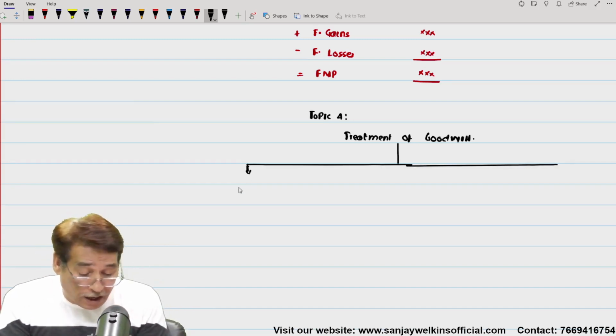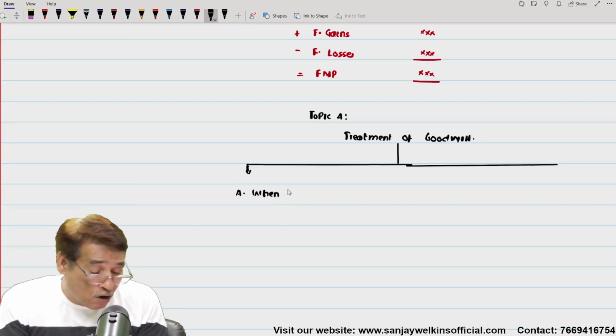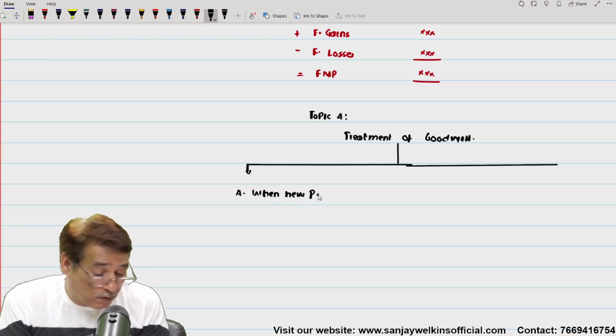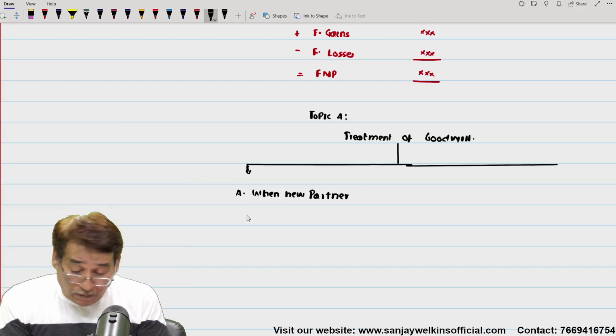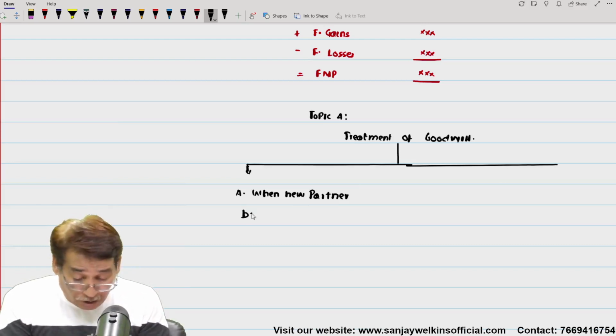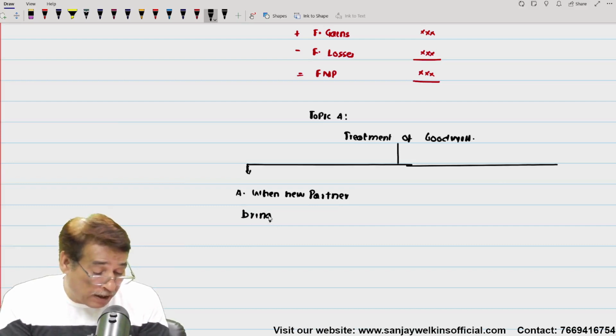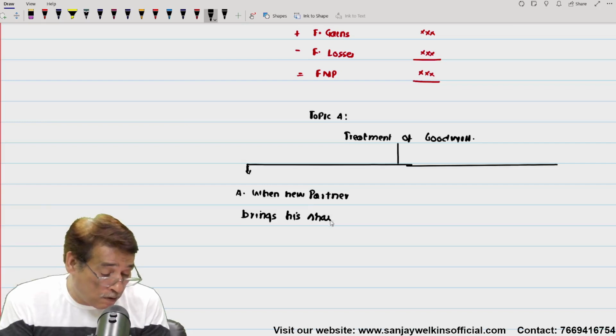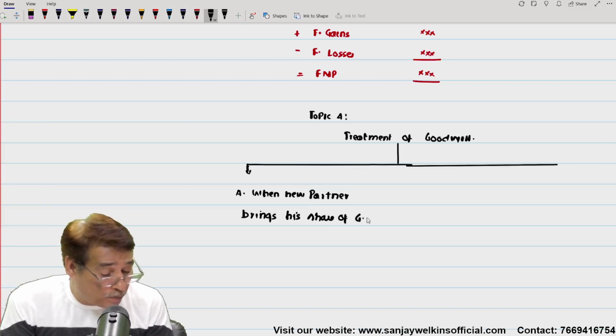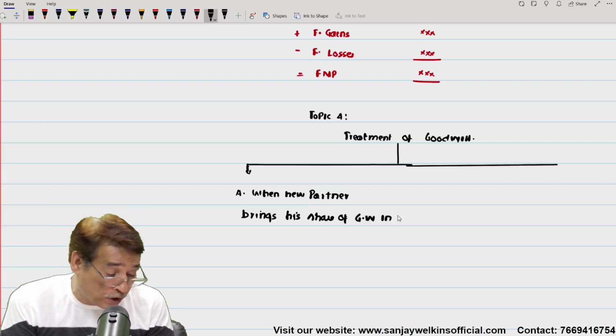So basically, treatment of goodwill is divided into two parts. One, A, when the new partner brings his share of goodwill in cash. This is one situation.